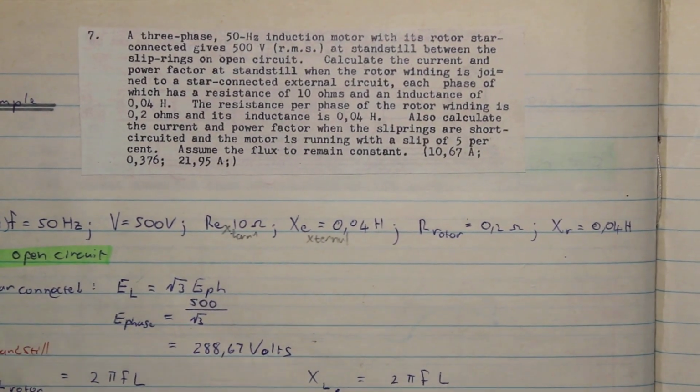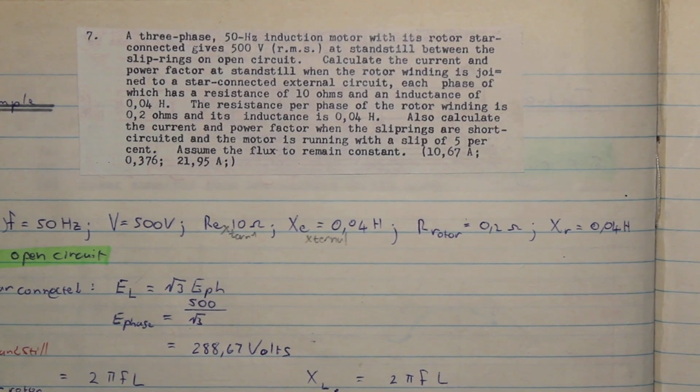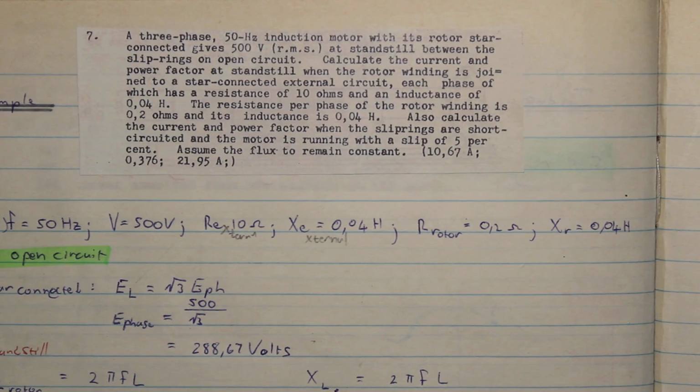So we see here, calculate the current and the power factor at standstill when the rotor windings is joined to a star connected external circuit. And that means that the rotor is connected to these external resistors, each phase of which has a resistance of 10 ohms and an inductance of 0.04 henries.